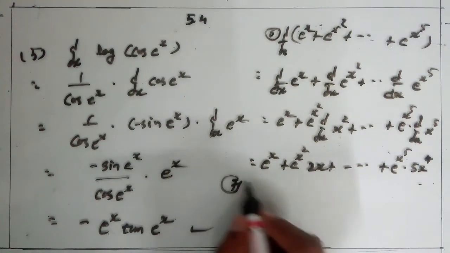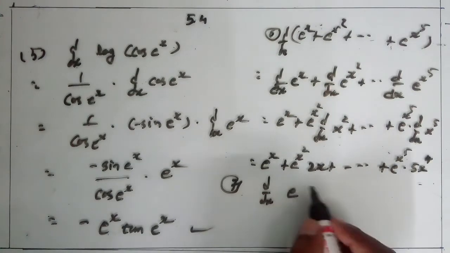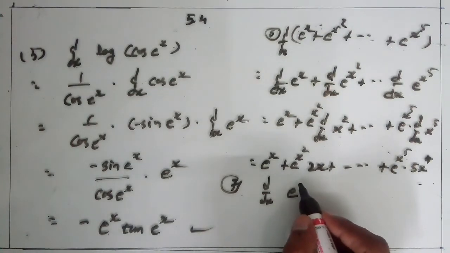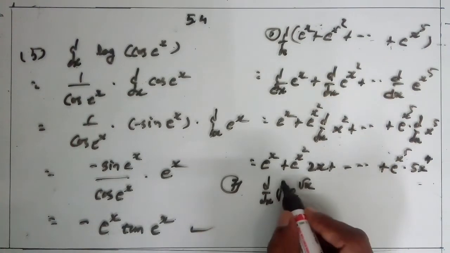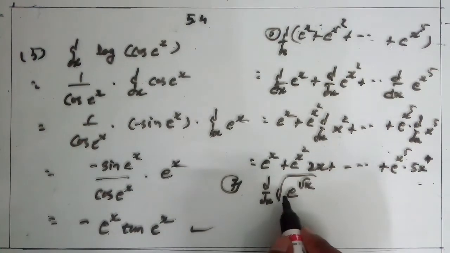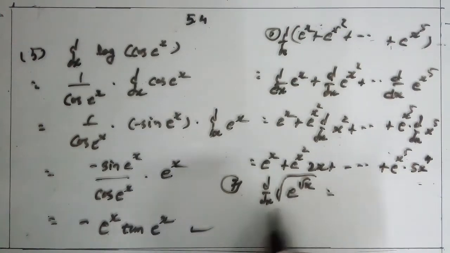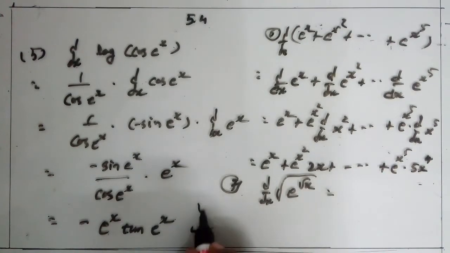Question number 7. Same type of question. Find the derivative of e^(root of x), and the root of the whole term, that is, the derivative of root of e^(root of x). We know the derivative of root of x. What is the derivative of root of x?